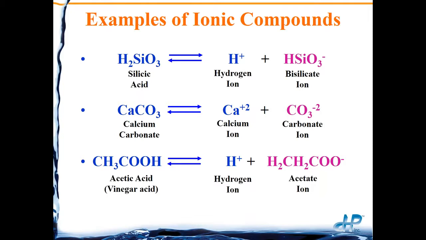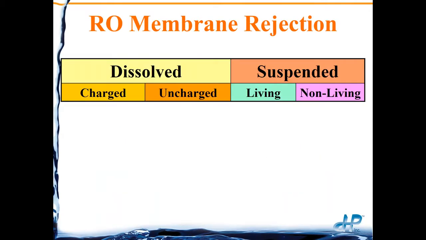And then again, we can also have charged molecules. In this case, we see that acetate ion on the far right is charged, so it would be measured by a conductivity meter.